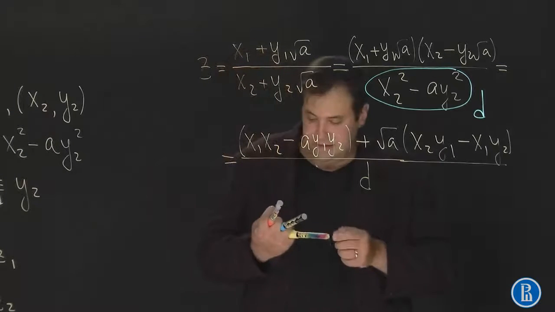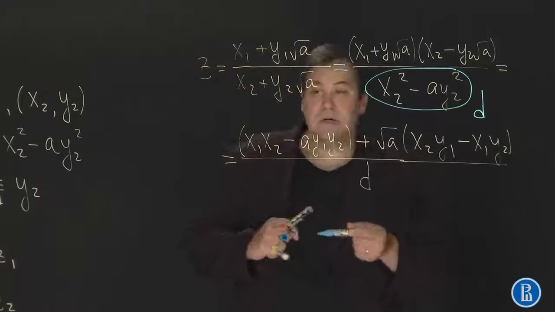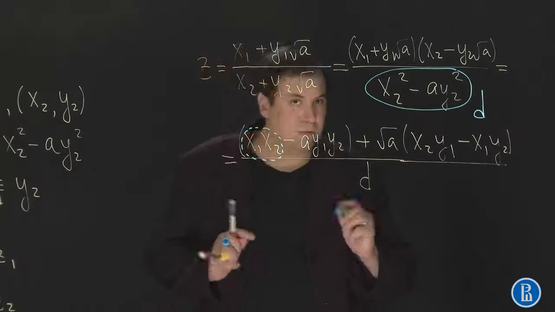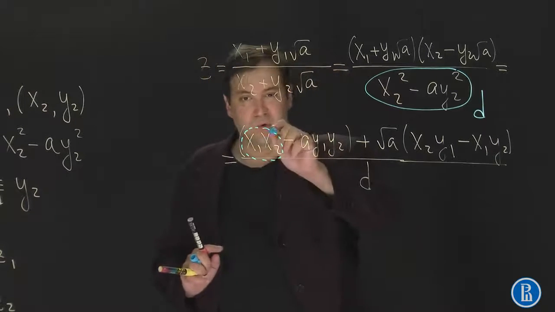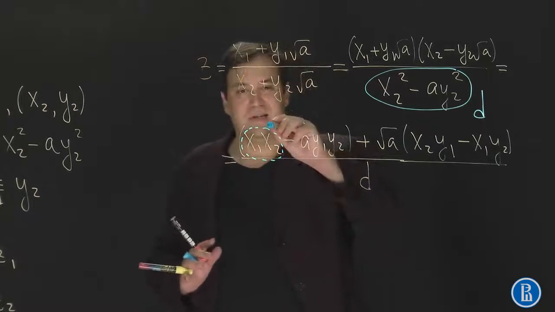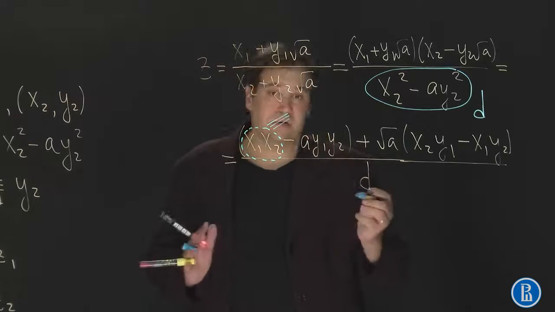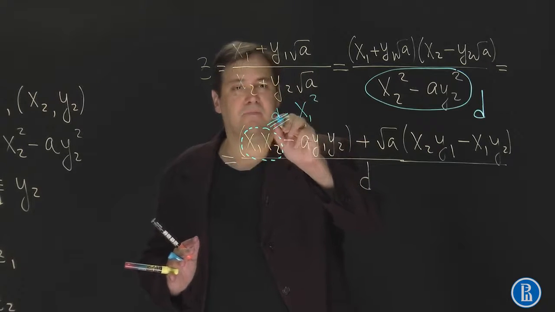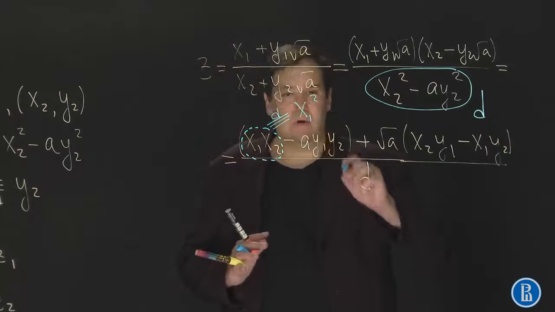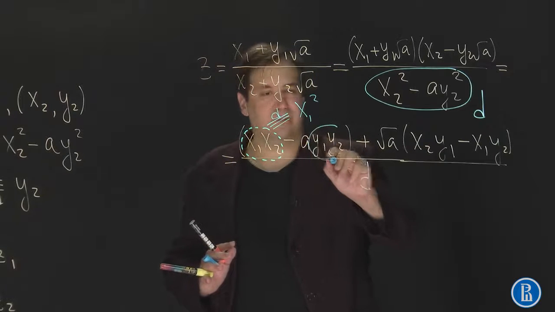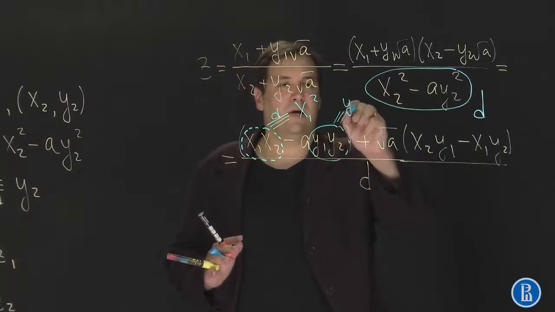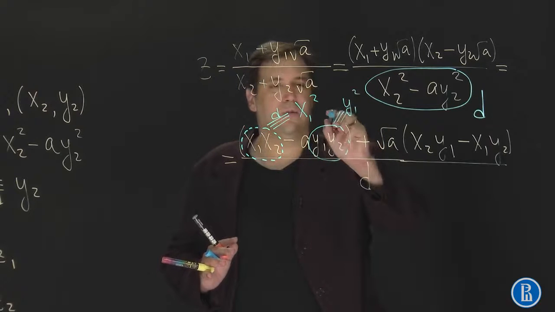But we know that x1 is congruent to x2 modulo d. So their product is congruent to, say, x1 square modulo d. What about the y's? Well, of course, this is congruent to y1 square modulo d.